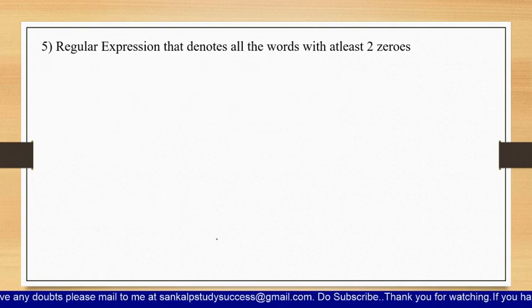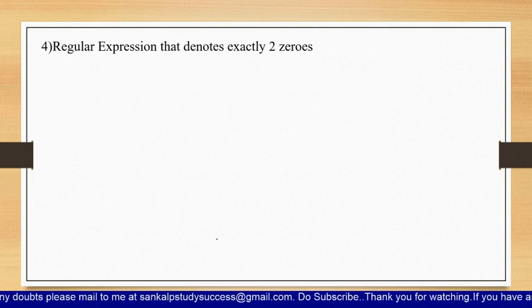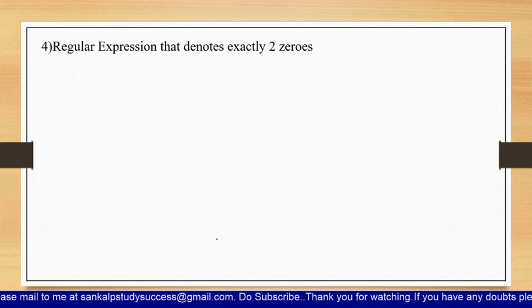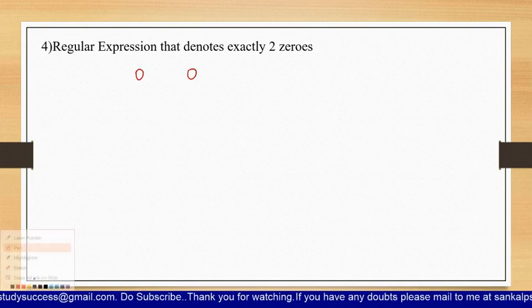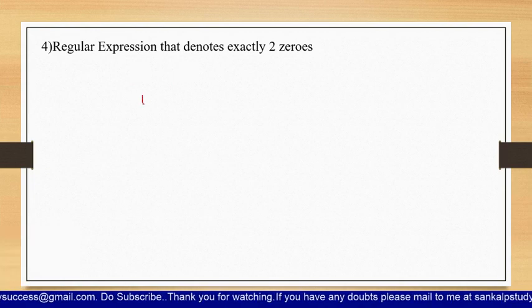Also, let us see one more question: the regular expression that denotes exactly 2 zeros. That means in the regular expression, we will have exactly 2 zeros and the remaining will be ones. So let us have 1 0 and another 0.